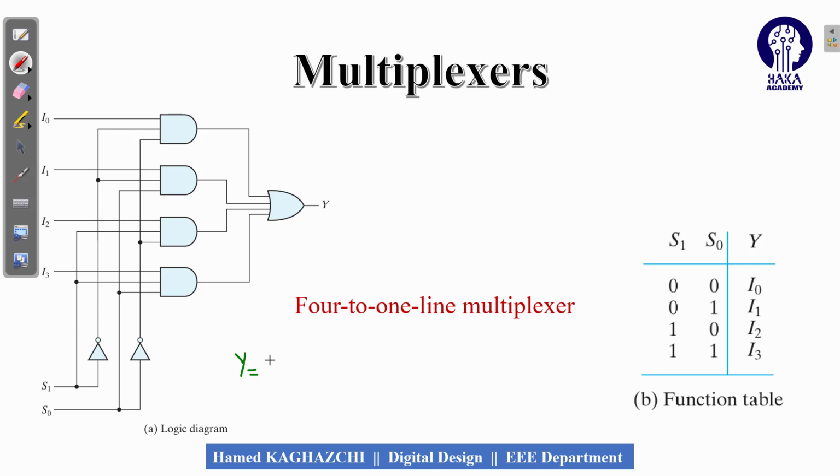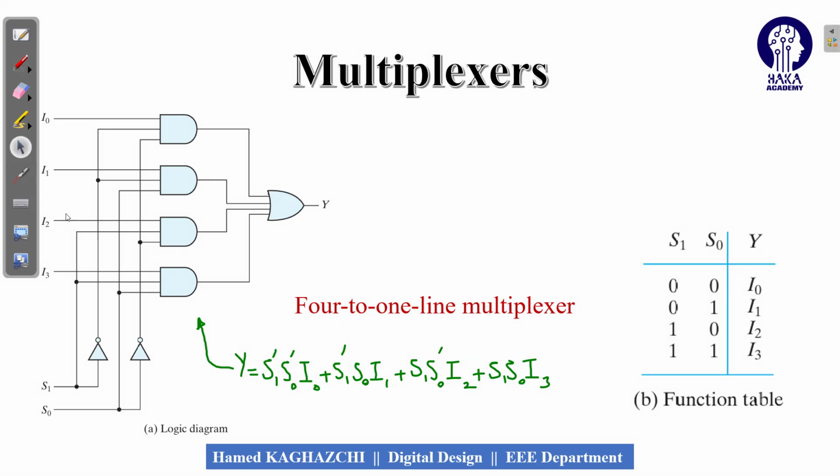So I can say that this will be equal to S1 prime S0 prime I0, or S1 prime S0 I1, or S1 S0 prime I2, and S1 S0 I3.